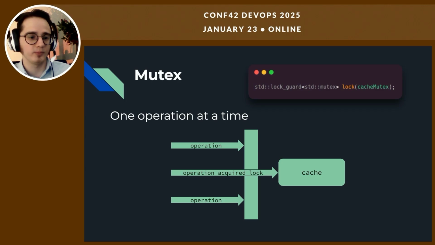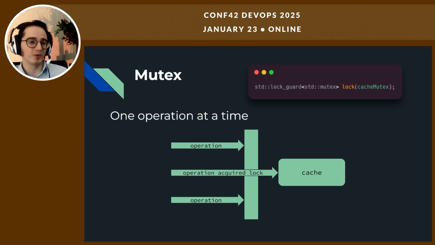The lock can be acquired by one operation at a time, and other operations will have to wait to acquire the lock for themselves. This is pretty easily done. In C++, you just use lock_guard locking the dedicated mutex, and this will work in terms of synchronization. It will synchronize your data and avoid the situation I described earlier.